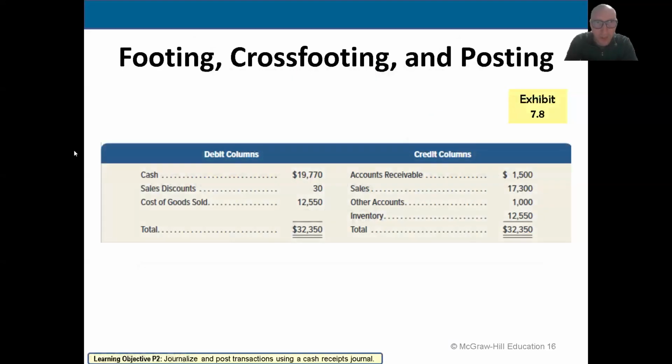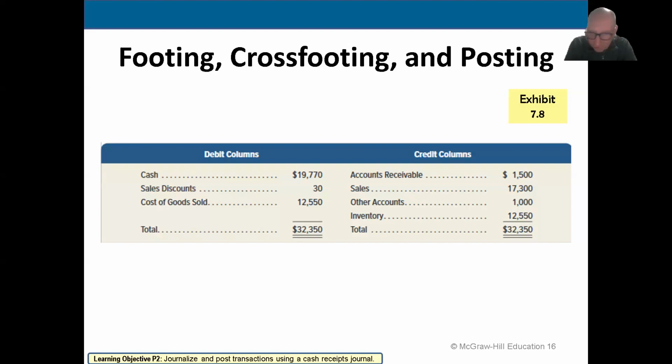Footing, cross-footing, and posting. It's so funny that they call it that. Here's how it works. All this simply means is that we need to make sure that our debits equal our credits. That is a fundamental principle in accounting.